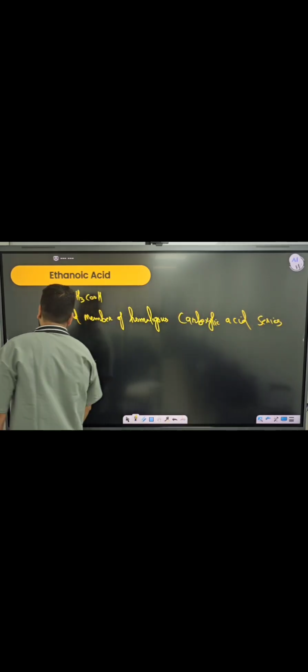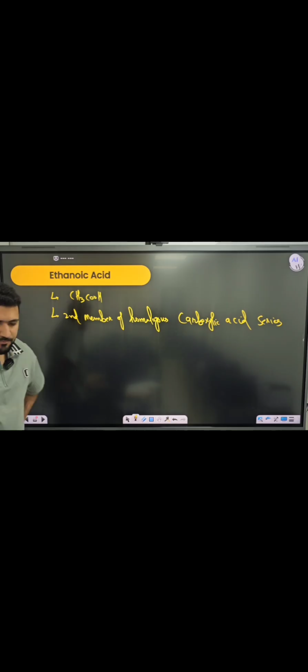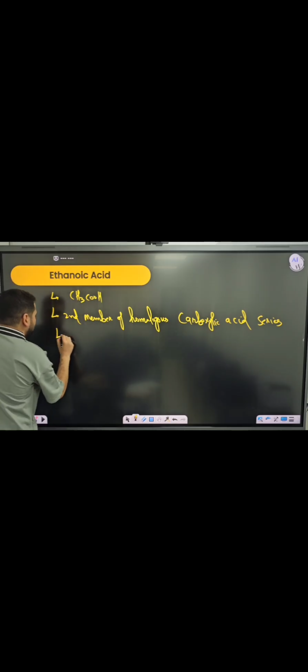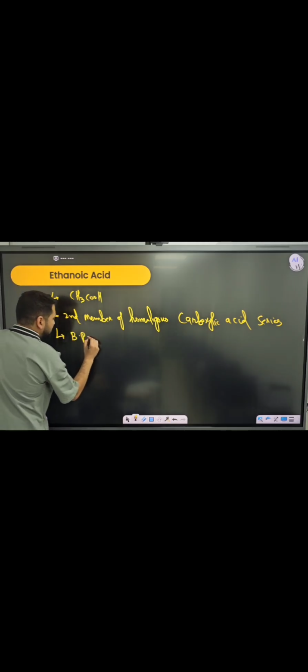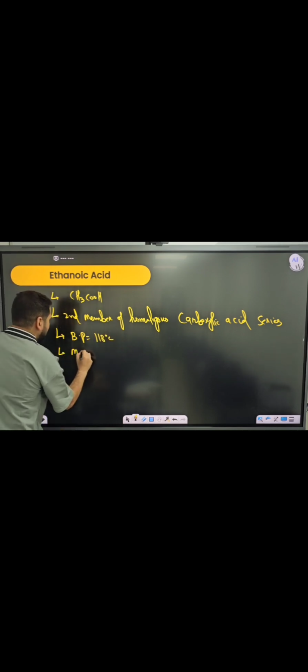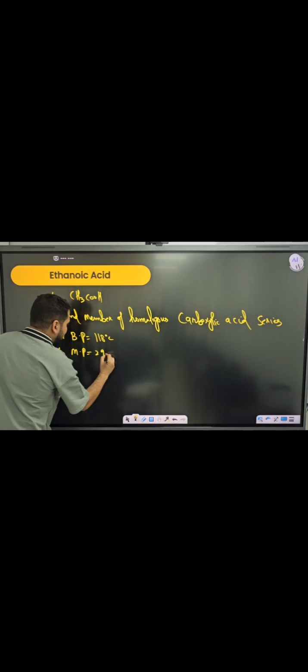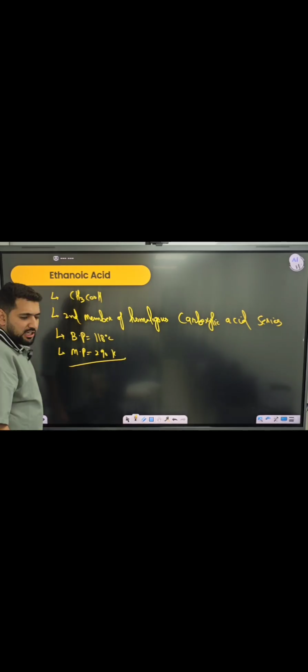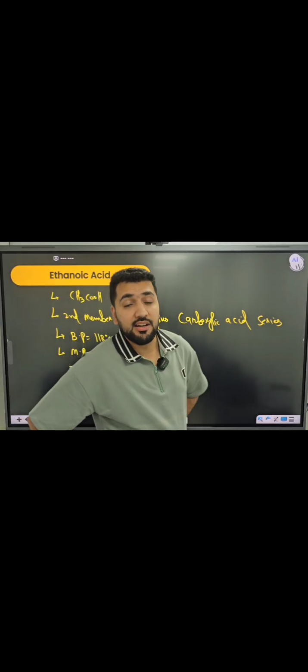Its boiling point and melting point, I'll let you know, guys. Its boiling point is 118 degrees Celsius, and its melting point is 290 Kelvin.